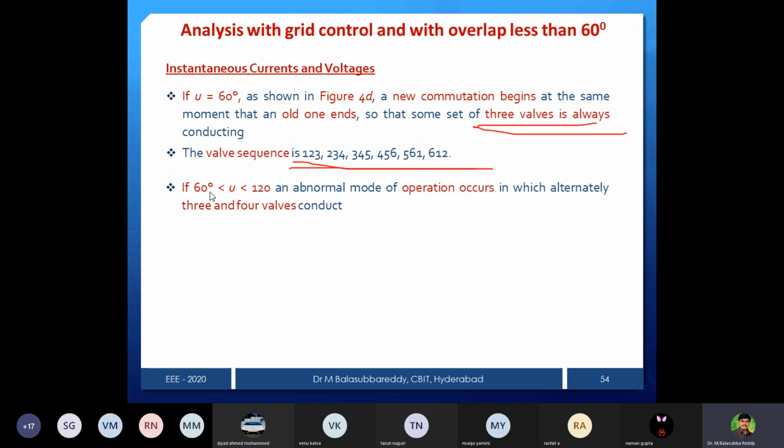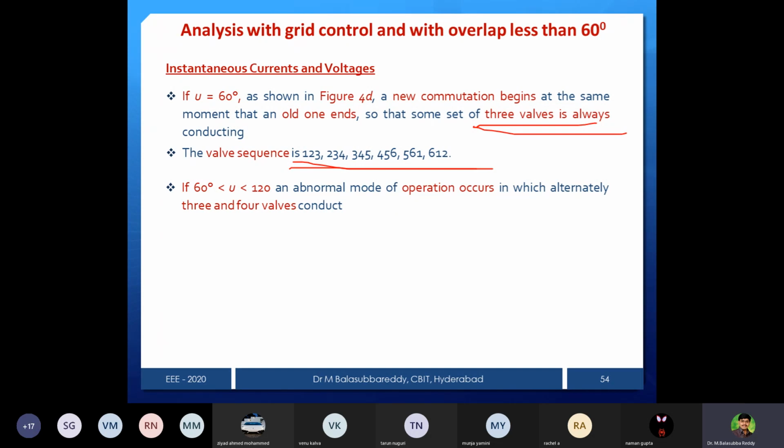So there is a 60 to 120 degrees mode of operation in which 3 and 4 valve conduction occurs. For some duration the upper valve will conduct, followed by a normal non-overlap period, and then the lower as well as the upper valve conduction.